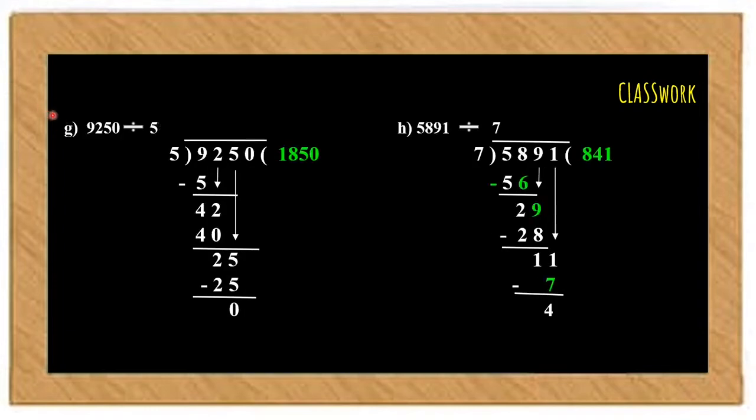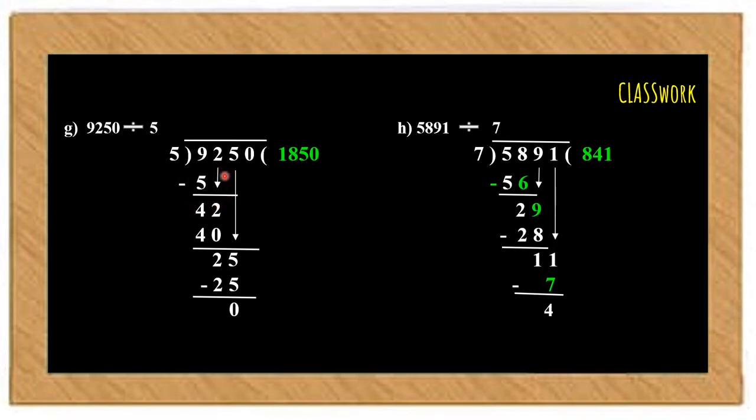Let us take up G part children. In this, we write 9250 appropriately as the dividend and divide it by 5. We divide 9 with 5 such that 5 multiplied by 1 gives us 5. When we subtract the two numbers, we get 4 as our answer.